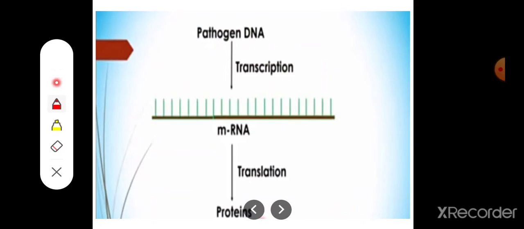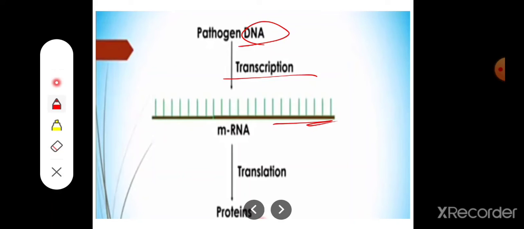Okay, so before we learn about this RNA interference, you should know how transcription and translation happen. We know that all the traits expressed in living organisms come from the information of the genes present in their DNA. So the DNA will undergo transcription, the central dogma, I hope you remember, and produce mRNA.